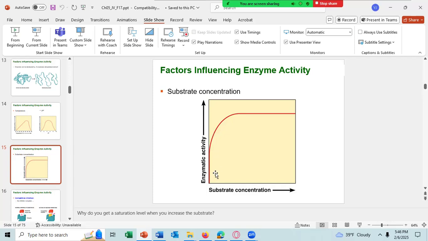And so if we increase the substrate further, we won't see much of an increase. And eventually, when we get the substrate concentration high enough, or you've waited with the chemical reaction for long enough, and then you do another experiment by adding more substrate, you'll see that the amount of enzyme activity doesn't increase at all.